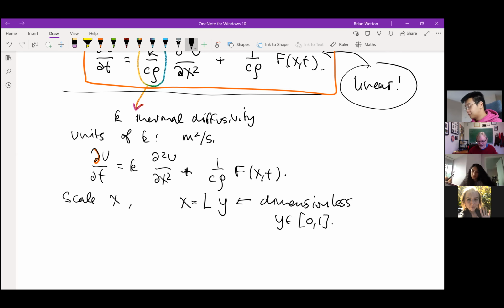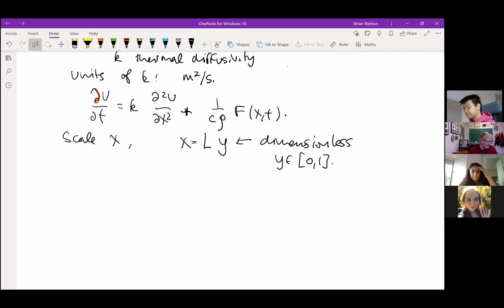You can't tell. The other reason, and I'm interested in the computational implementation of these models, is that you end up with better scaled numerical problems with fewer rounding error issues if you compute the scaled problem as opposed to the raw problem.